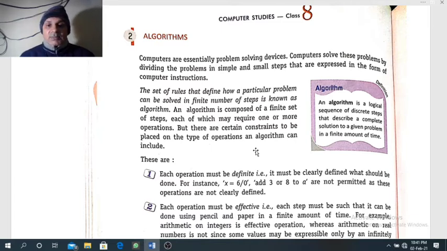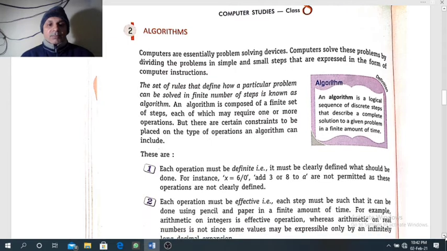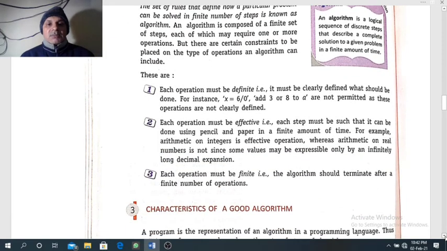An algorithm is composed of a finite set of steps, each of which may require one or more operations, but there are certain constraints or conditions placed on the type of operation. An algorithm can include these things. Each operation must be definite, that is, it must be clearly defined what should be done.